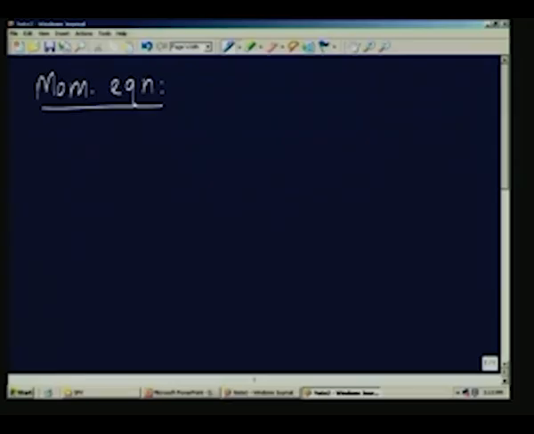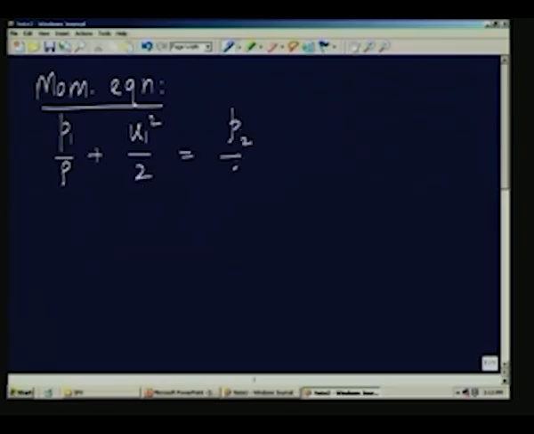We can integrate the momentum equation, which is nothing but a statement of conservation of momentum, in the following form. So, P1 by rho plus u1 squared by 2 is equal to P2 by rho plus u2 squared by 2. This is equation number 2.